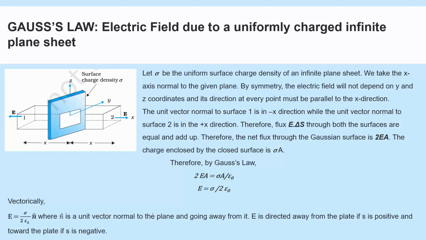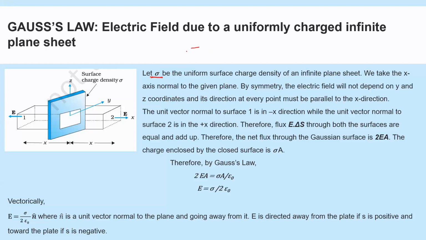Again, using Gauss's law, we are going to consider the net flux through surface 1 and surface 2, because this is the plane that we are considering. Sigma is your surface charge density.